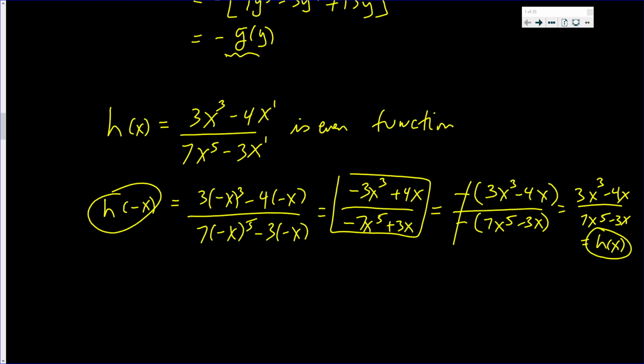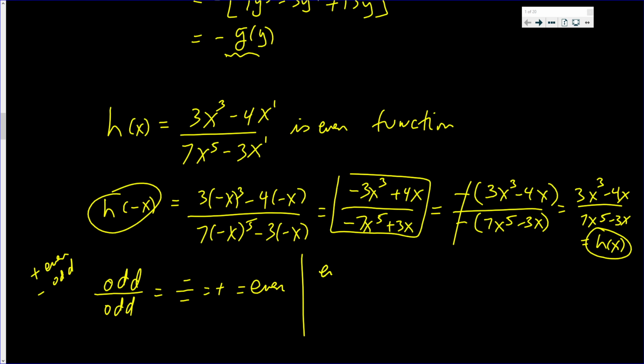This pattern works out as follows. If you have an odd function divided by an odd function, think of positive as even and think of negative as odd. So you have a negative over a negative, which is a positive, which is even.